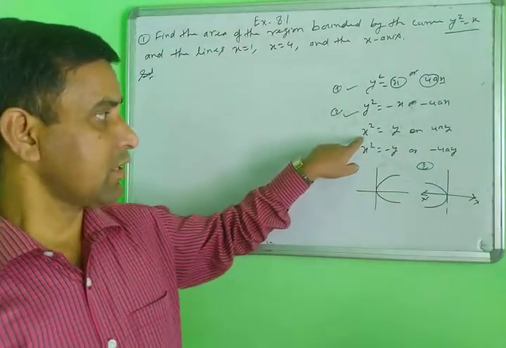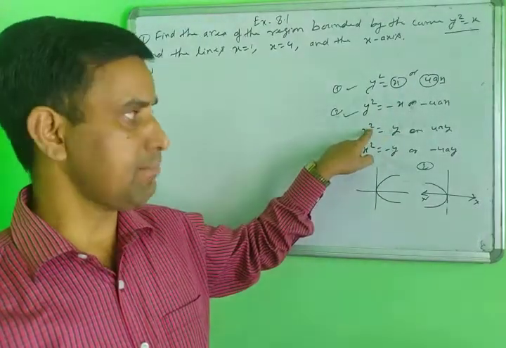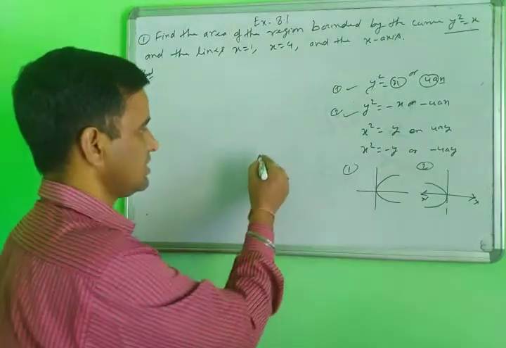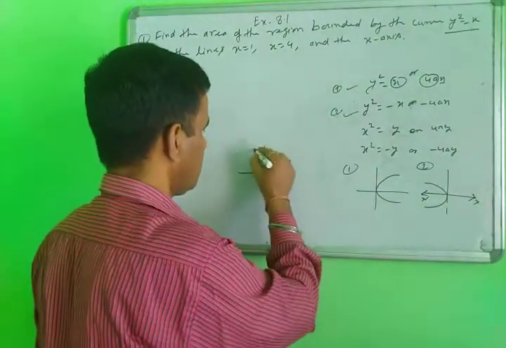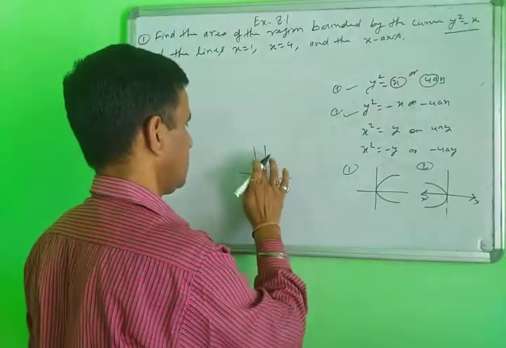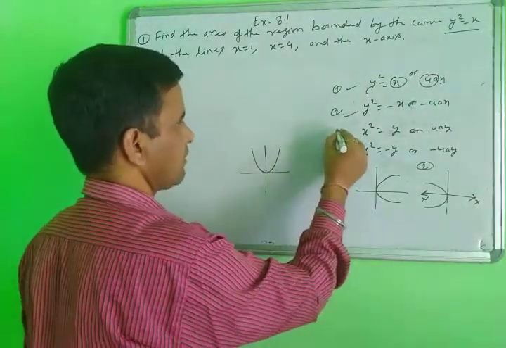And here, x square equal to y. X has the even power, which means the parabola is symmetrical about the y-axis. This is figure number 3.